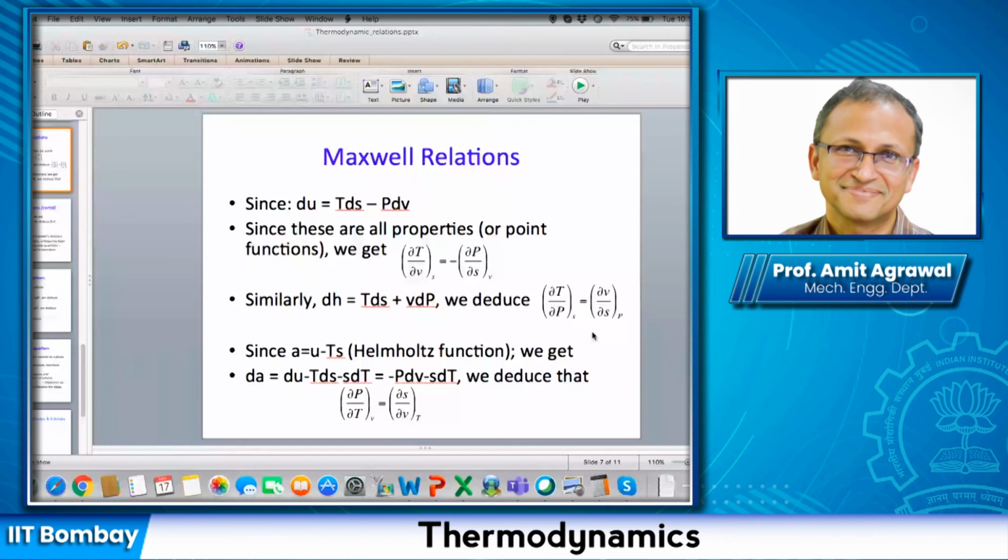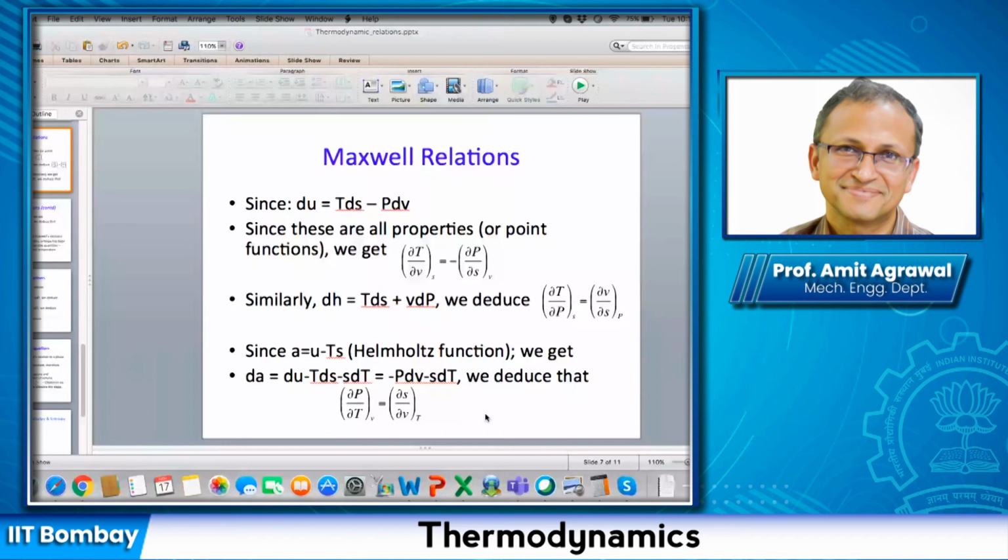So essentially you can see that we have four quantities out of which three can be measured. I can measure temperature, pressure, and specific volume. So then I can get the fourth quantity, which is my entropy S. And of course, it is interesting that they get related to each other in these different ways, which are all independent relationships.